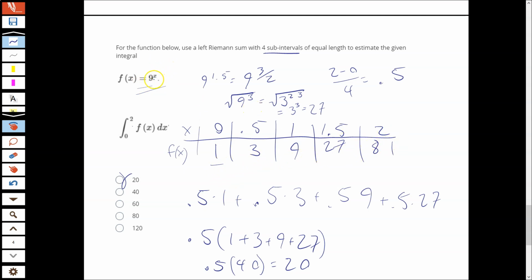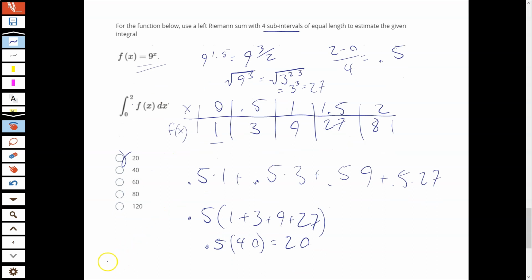Or we just note that it's an exponential function, and this is going to get bigger as x gets bigger. So this is an overestimate. Did I say over? This is an underestimate. Okay, so our graph would look something like this, with all of our rectangles touching on the left-hand side of the rectangle and being kind of underneath.